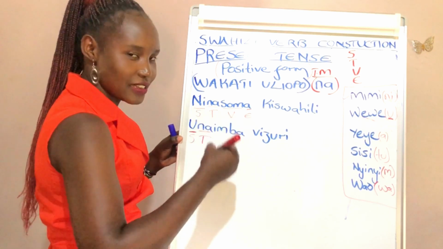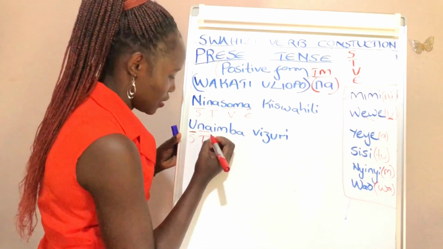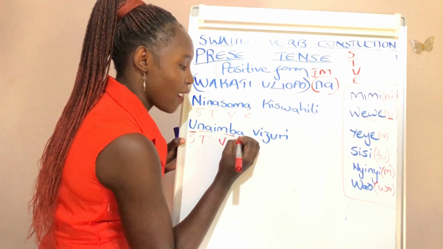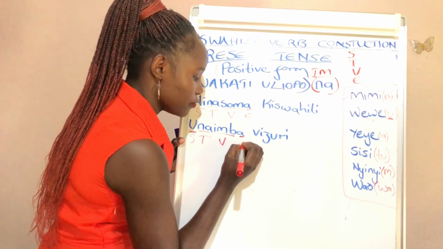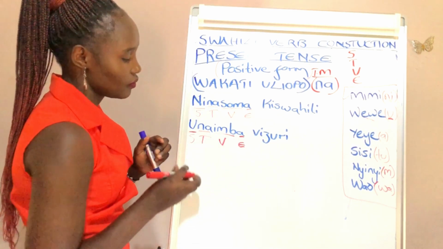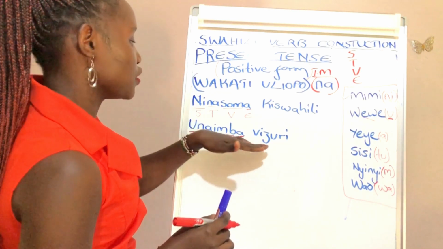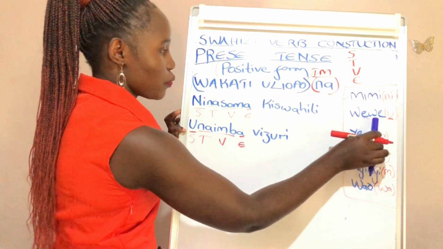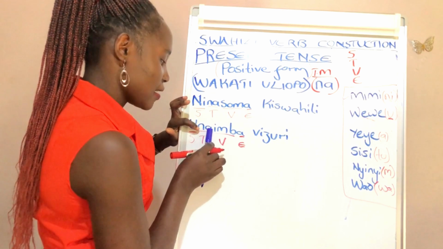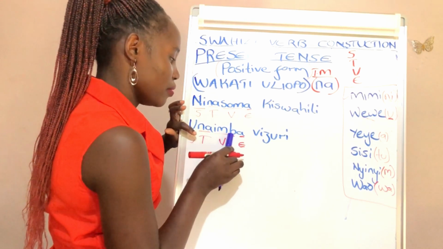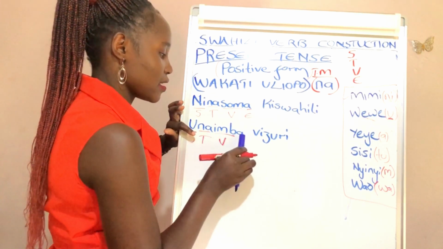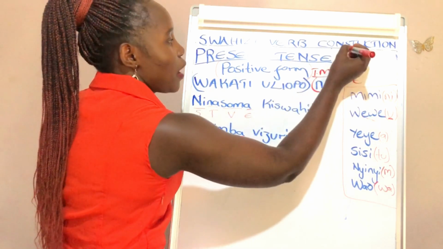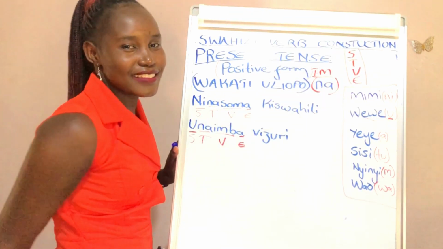Unaimba. Right now, you are singing very well. Im is our verb root, and then a is our verb end. Unaimba vizuri. U for personal pronoun wewe. Na, the tense marker. Im is our verb root, and then a is our verb end. Our STVE applies for the beginners.